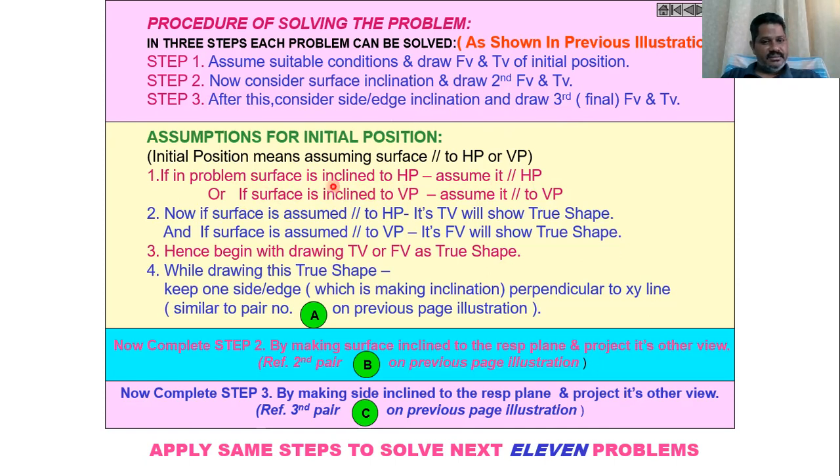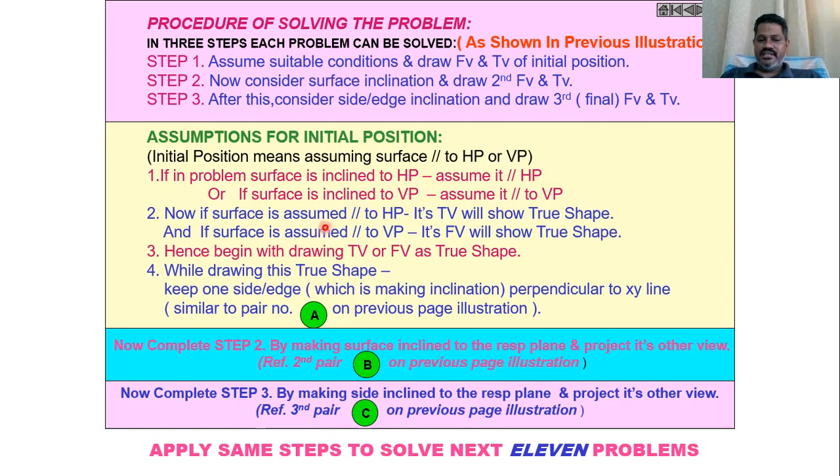If the plane given in the problem is inclined to HP, assume it is parallel to HP first. If the surface in the problem is inclined to the vertical plane, assume it is parallel to VP first. This is the initial position.